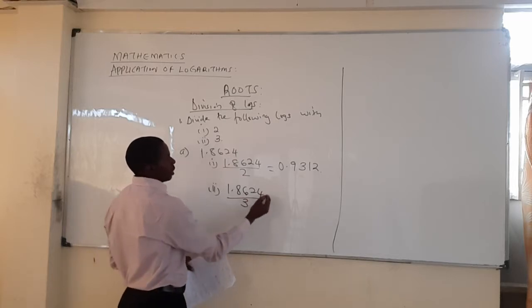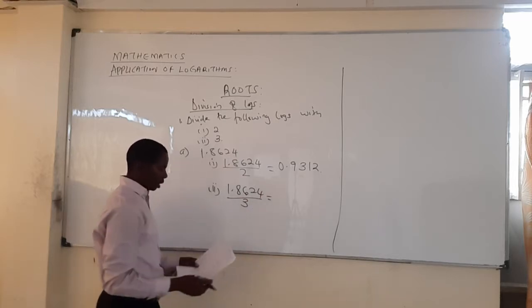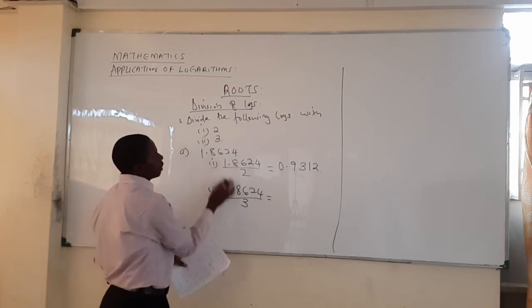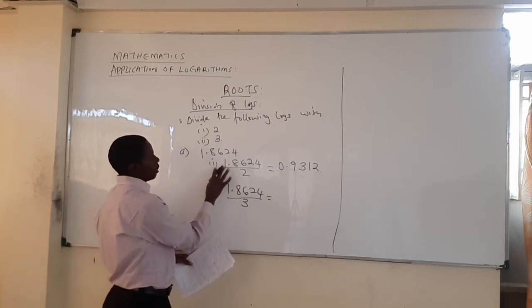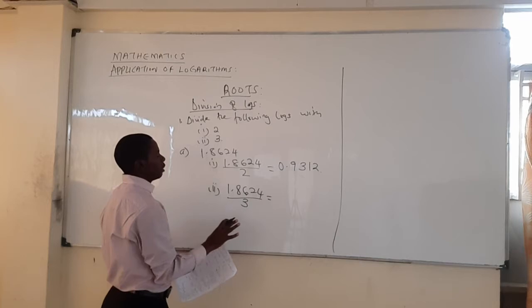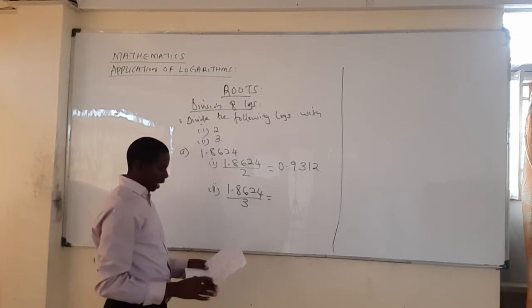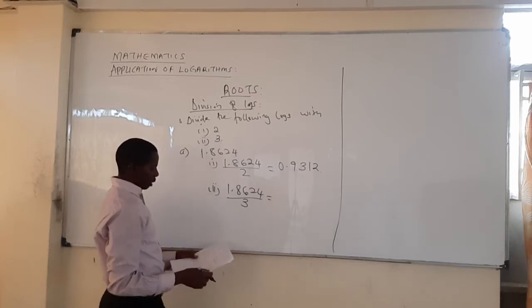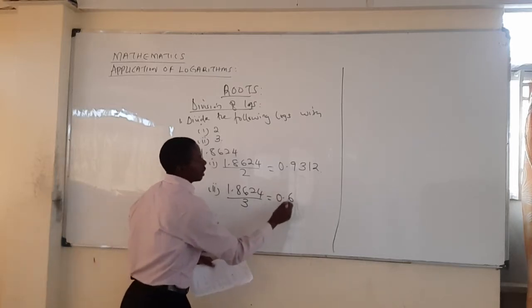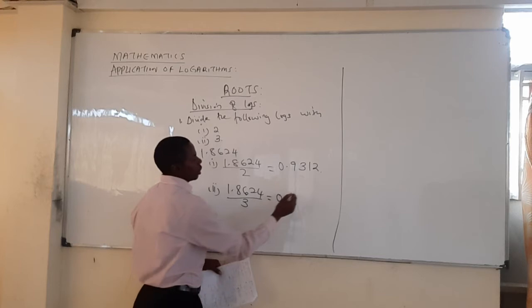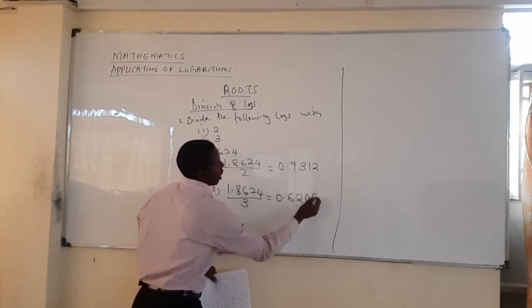We are going to have the same case. When the number is positive, you divide it directly. So you get 0.6208.